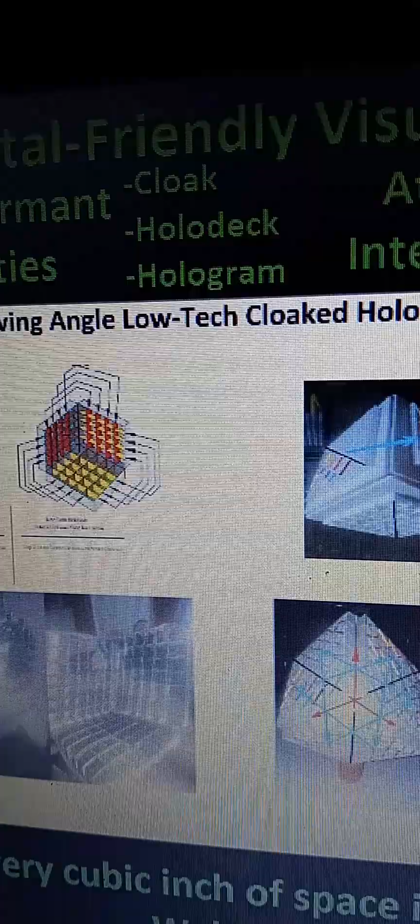It takes a bit of man-made engineering, but I believe that at every intersection of visual reality there are the dormant qualities of cloak, holodeck, and hologram.